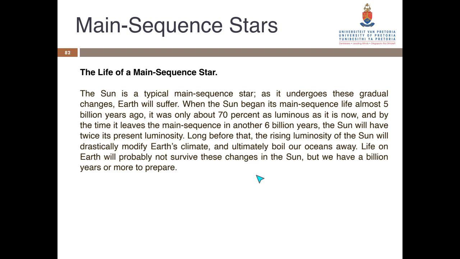Long before that, the rising luminosity of the Sun will drastically modify Earth's climate and ultimately boil our oceans away. Life on Earth will probably not survive these changes in the Sun, but we have 1 billion years or more to prepare for it.